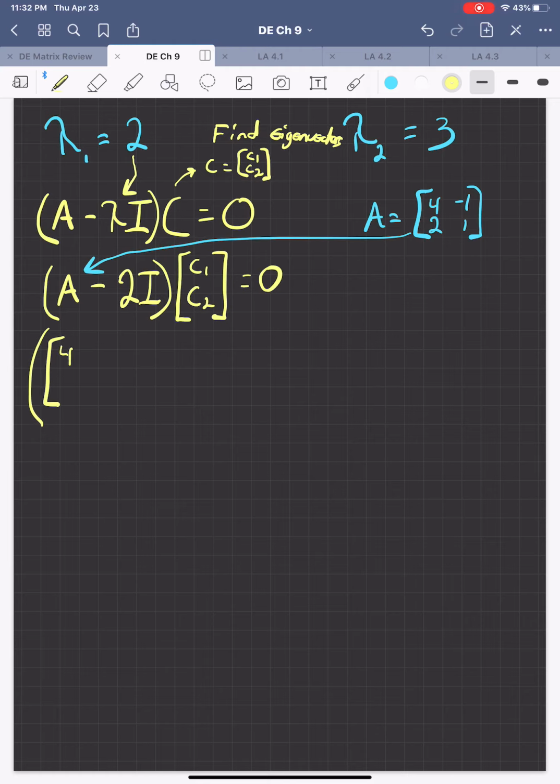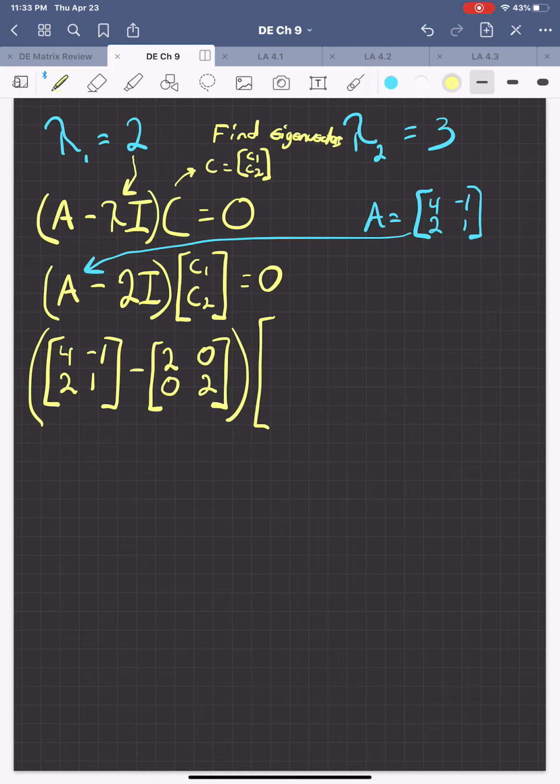So [4, -1; 2, 1] minus 2 times the identity matrix, 1, 0, 0, 1, which I'll write as [2, 0; 0, 2], and then still here's our vector c sub 1, c sub 2.